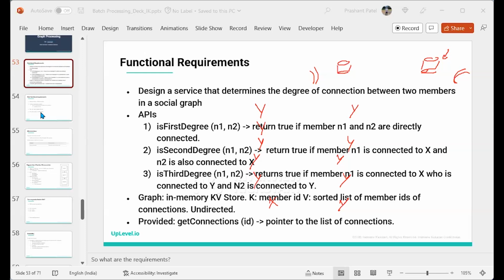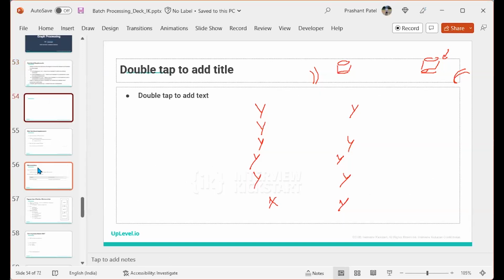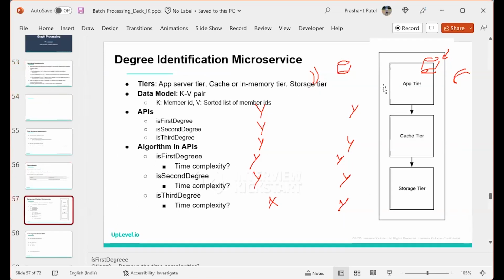Then you can discuss the schema, how much storage it would take. Then you can discuss the APIs. Yes, the API is already given, so you can list down the APIs. Then you can deep dive into the microservice and discuss the architecture. A three-tier architecture would be here.